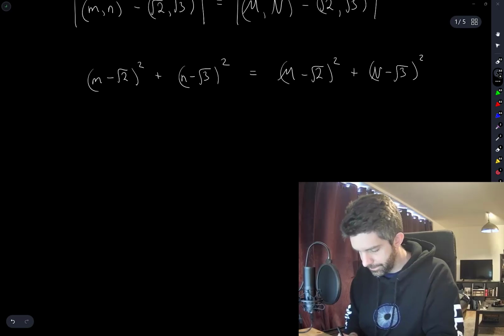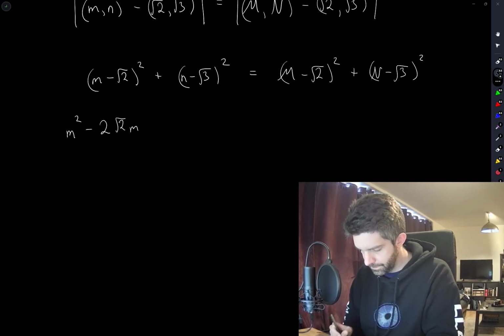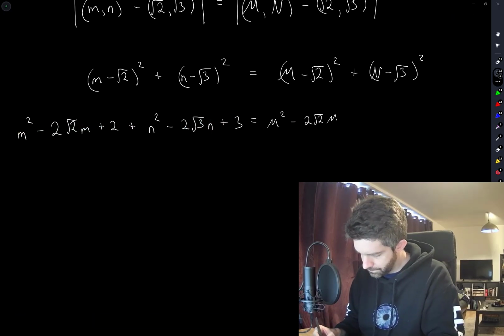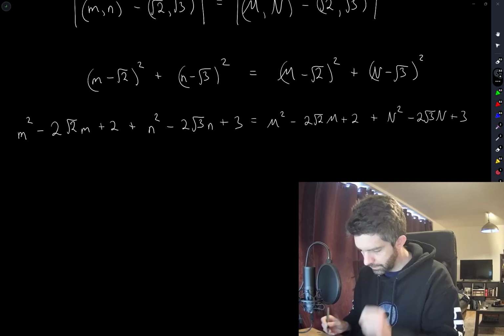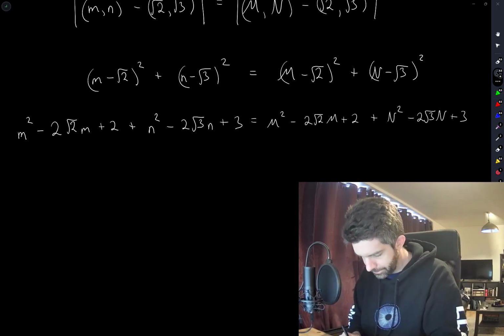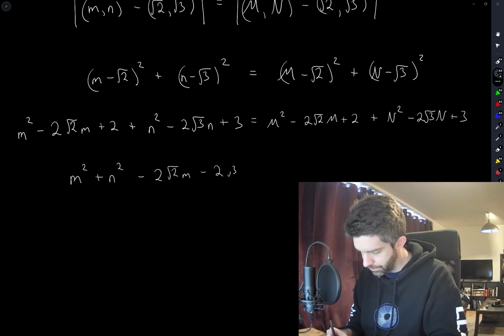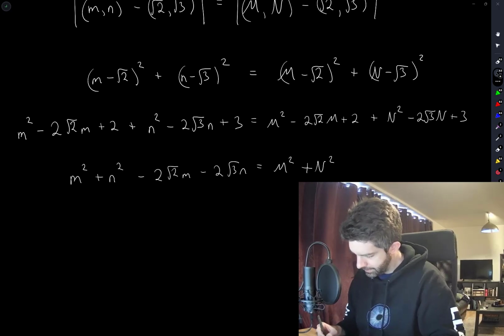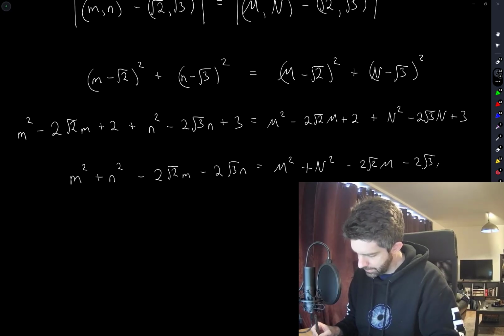And if we expand, we get a bunch of cancellation everywhere. m squared plus n squared minus 2 root 2 m minus 2 root 3 n is equal to M squared plus N squared minus 2 root 2 M minus 2 root 3 N.